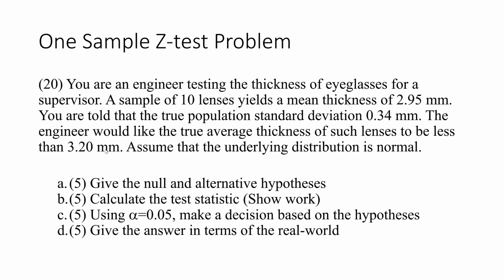And finally, you're going to need to give the answer in terms of the real world. So in this particular case, the StatHelper will basically give you the correct answer for parts A, B, and C. Now, part D, of course, is going to be based on the problem, and that is something you're going to have to talk to, but I'll tell you how to find that as well.